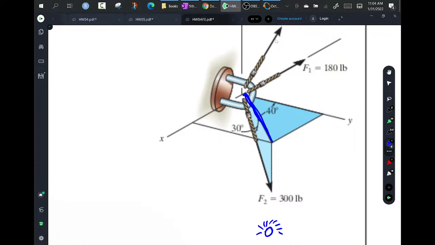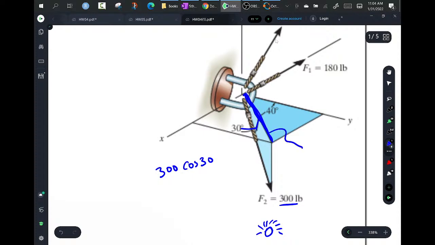So what is that? Okay, I say a 30-degree angle there. So I say cosine of 30 times the length of that, 300, is the length of this one.